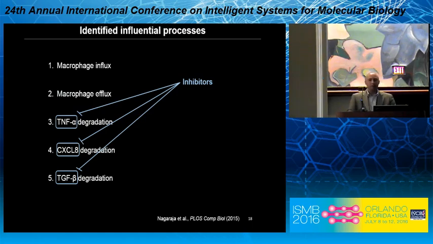All of them are protein mediators of inflammation. And we made this choice because we knew a practical way to modulate these processes. We can do that by using protein inhibitors. Actually, we can reflect that inhibition in our computational model if we incorporate the relevant biochemical reaction into the model. That's exactly what we did.